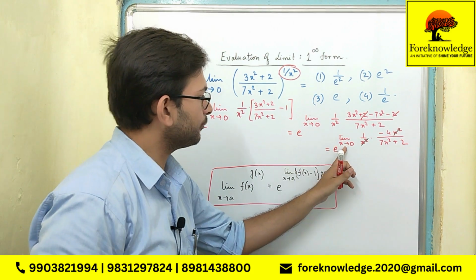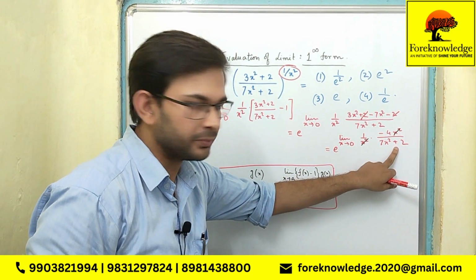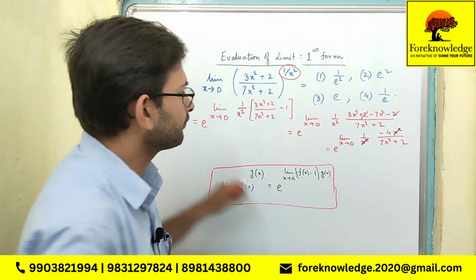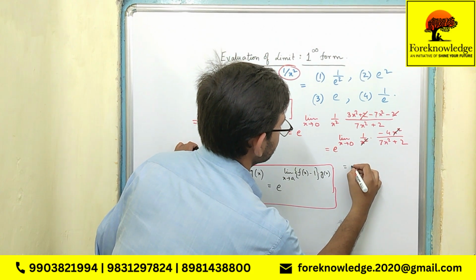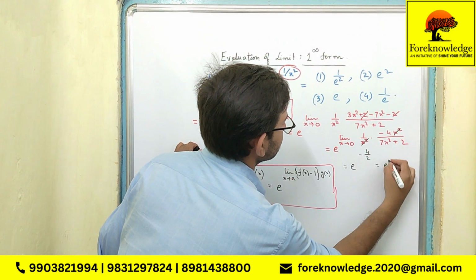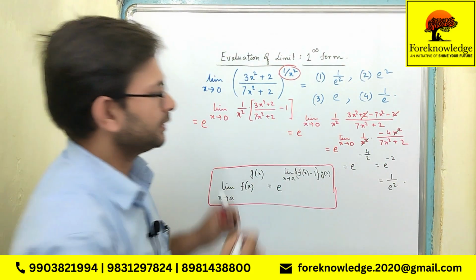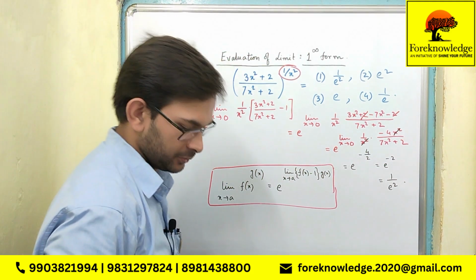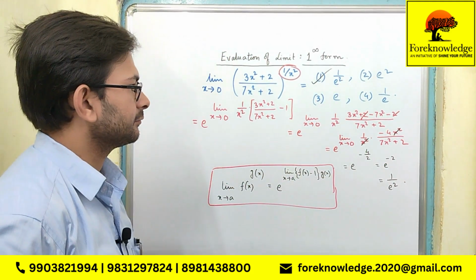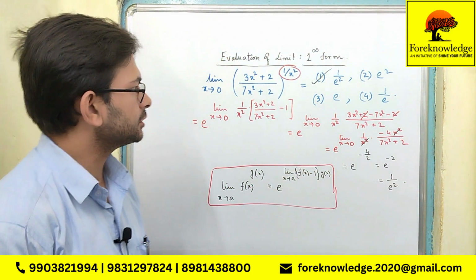Now look, if we put x equal to 0 in the denominator, 7x square plus 2 becomes 2. So this is nothing but e to the power minus 4 upon 2, that is e to the power minus 2. This is nothing but 1 upon e square. Option 1 is correct.